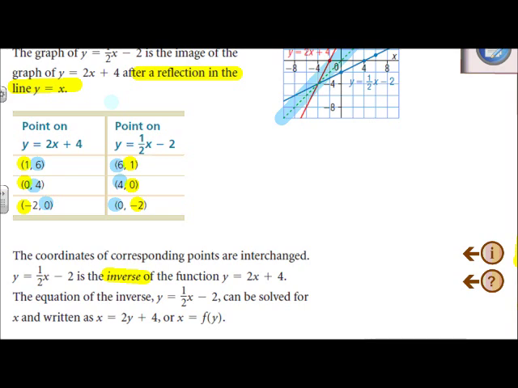For instance, let's take our original equation. They said y equals 2x plus 4. Switch the x and the y. X equals 2y plus 4. Resolve for y. Subtract 4, so x minus 4 equals 2y, and now divide by 2. Y equals (x minus 4) over 2.